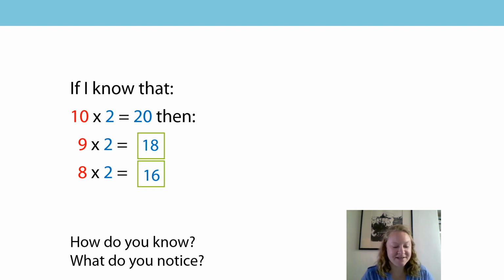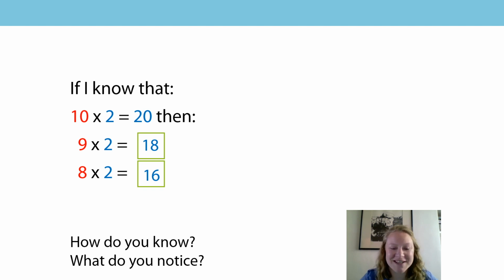Our factors on this side here, this time they're decreasing, aren't they? They're going down by 1. Before in our ratio chart they were going up, now they're going down by 1. What about these factors here? They're staying the same, aren't they? Because that's how many are in our group, and we're doing our 2 times table, so that's what we're looking at. And what about these? What did you notice?